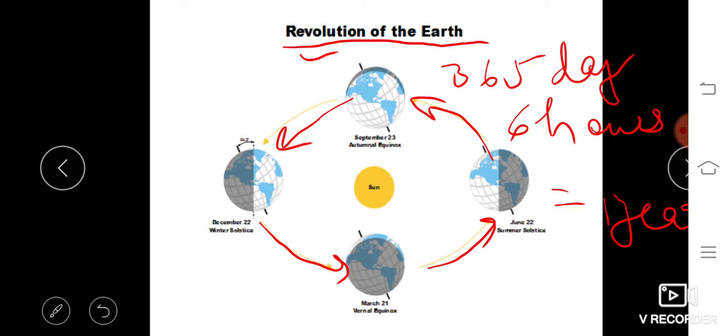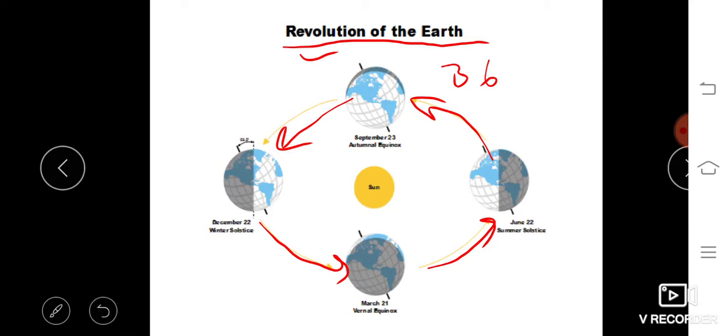revolution around the sun. Revolution is a motion of the earth, as we had learned earlier that there are two types of motions of the earth. One is the rotation and the other one is the revolution.